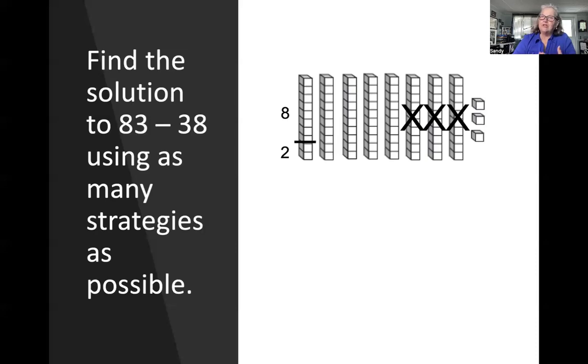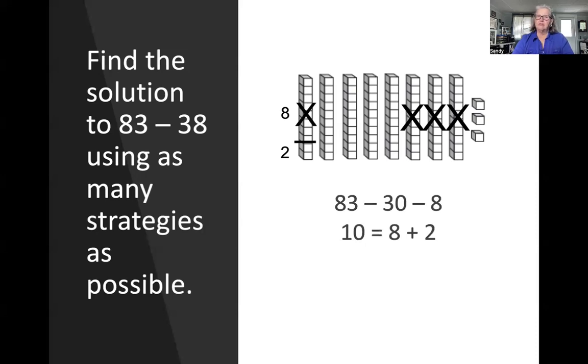And you may see first graders really working on ways to break up 10. That's because it's really important for these types of problems, these regrouping types of problems. When they break it into 8 and 2, they remove the 8. And if you notice the cubes that are left, we have 45 again. See, it's really important for your children to understand that no matter the strategy, they're still going to get 45.